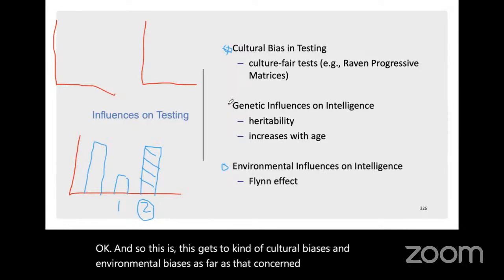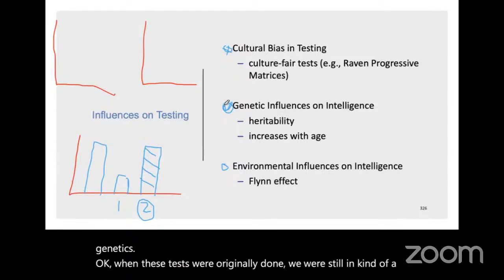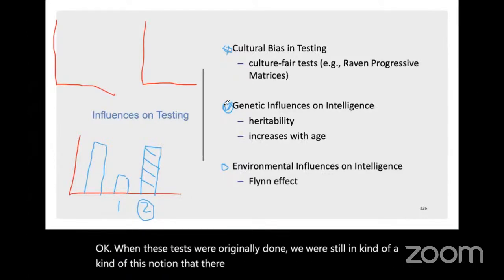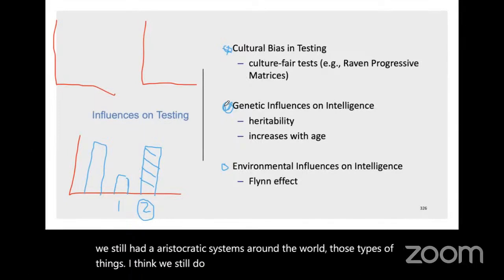Now, the next issue is genetics. Okay. When these tests were originally done, we were still in this notion that there are genetically superior people. We still had aristocratic systems around the world, those types of things. I think we still do, where privilege is based on birth, okay?